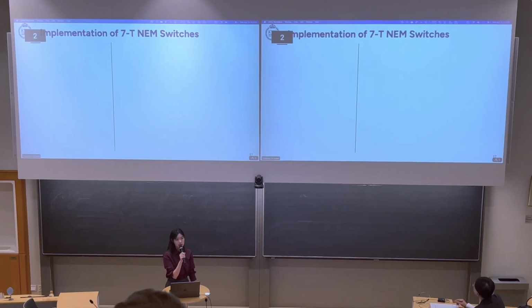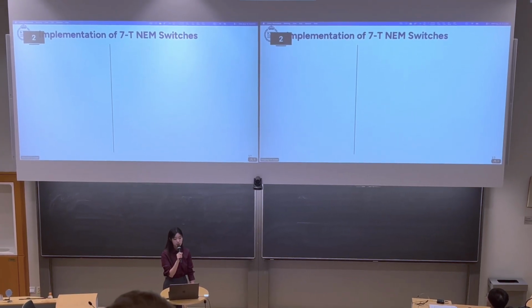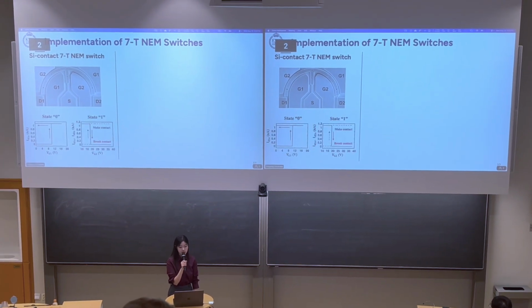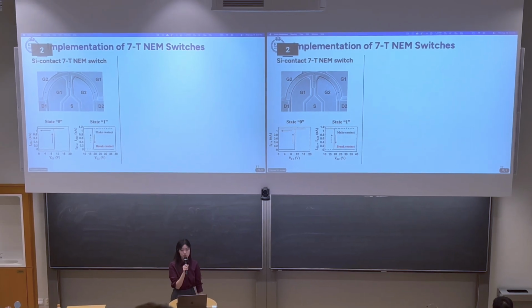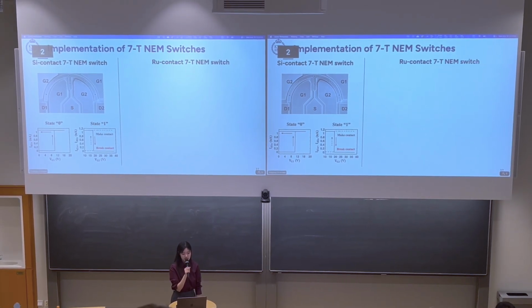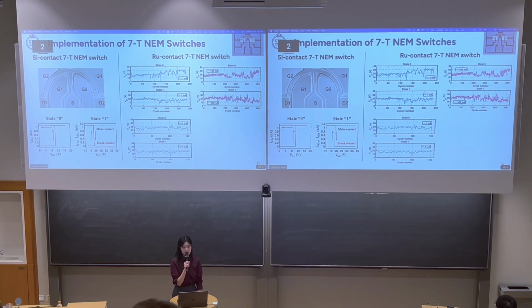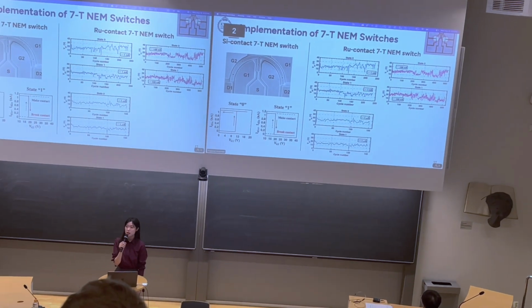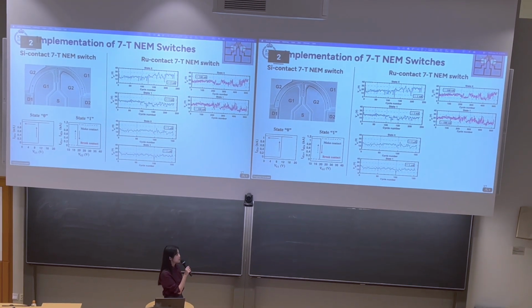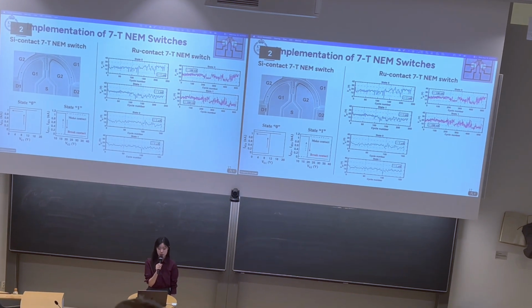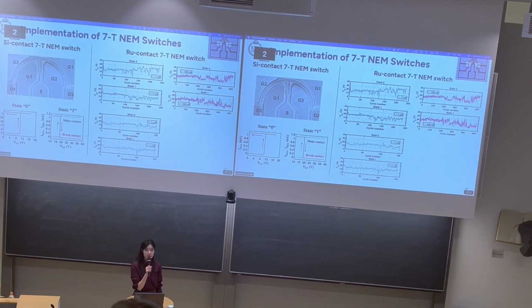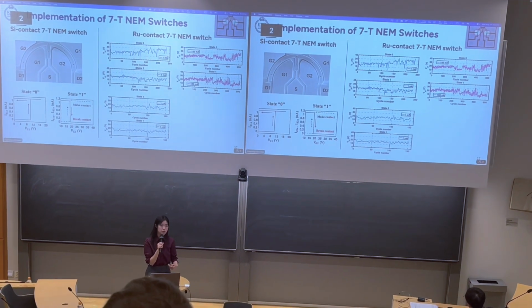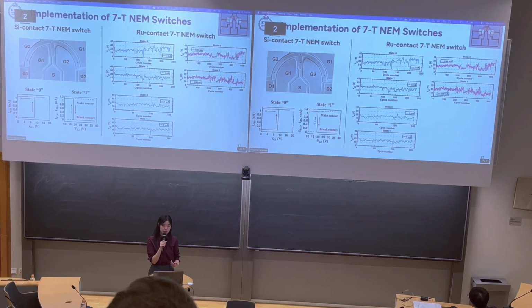And also for the 7T NEM switch, we characterize both silicon contact, where it also only works for 2 cycles. And for the ruthenium contact 7T switch, we characterize it with 3 different current levels: 1 nanoamp, 100 nanoamp, and 1 microamp. In all of these groups, the switch can work for hundreds of cycles without extinction failure.